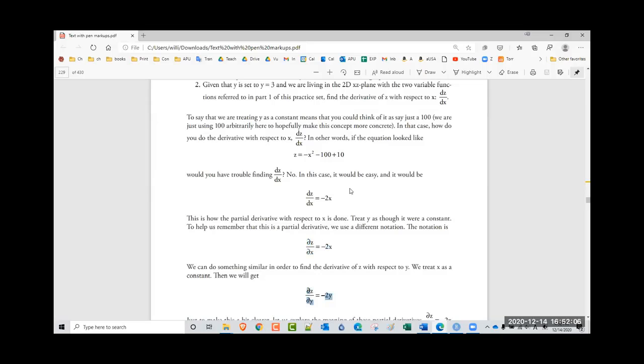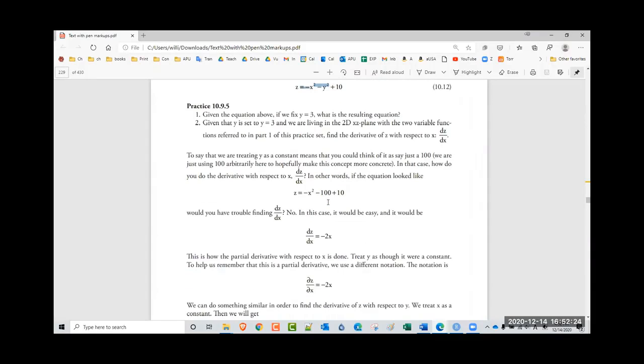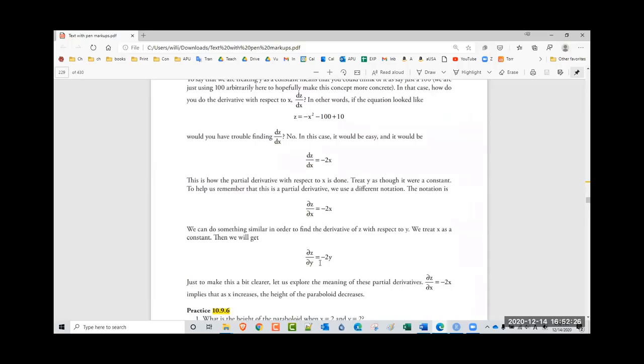So then instead of setting y equal to some constant, we set x equal to some constant here. And then what's the derivative? Minus 2y. Okay? So then we get this result also.